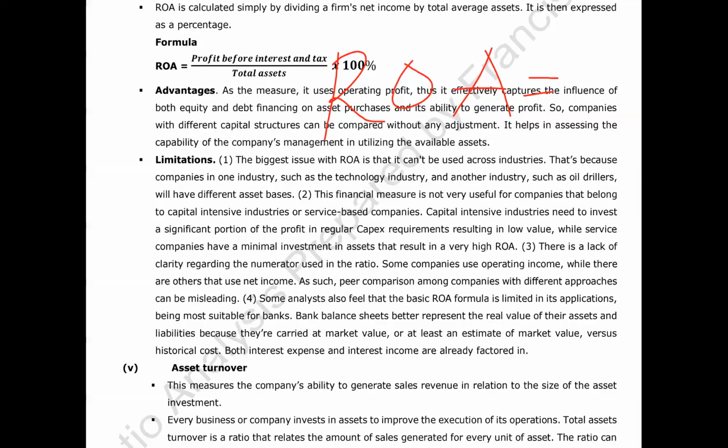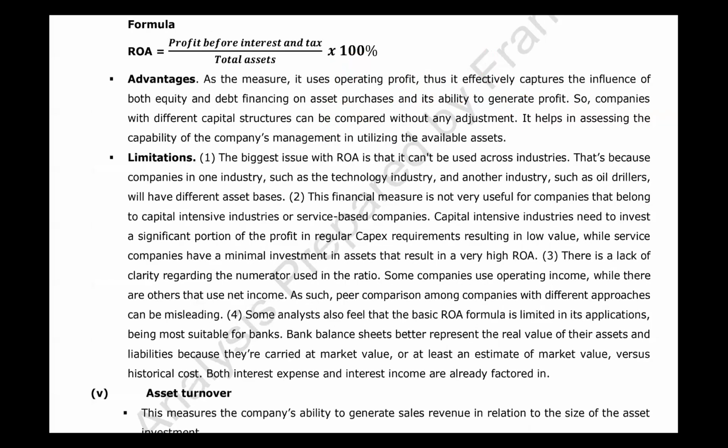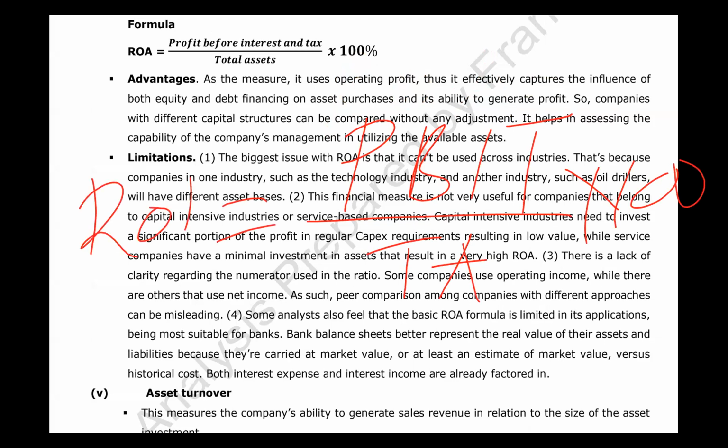To calculate ROA, you have the profit before interest and tax, PBIT, over total assets multiplied by 100. That will give you the return on assets.